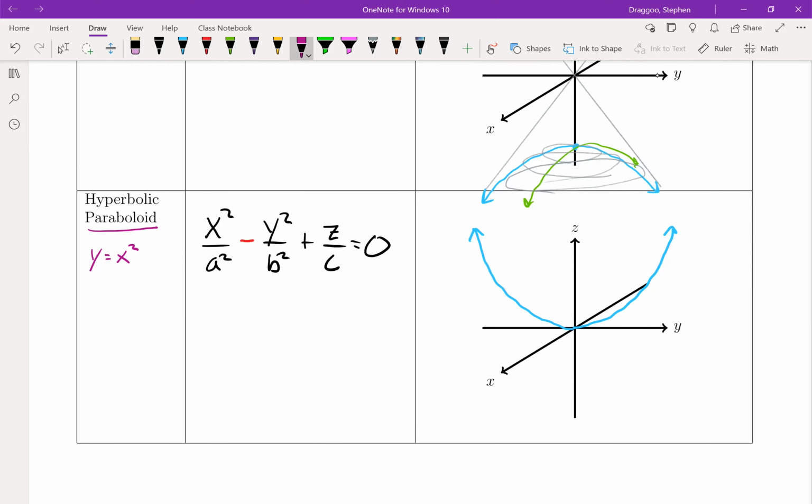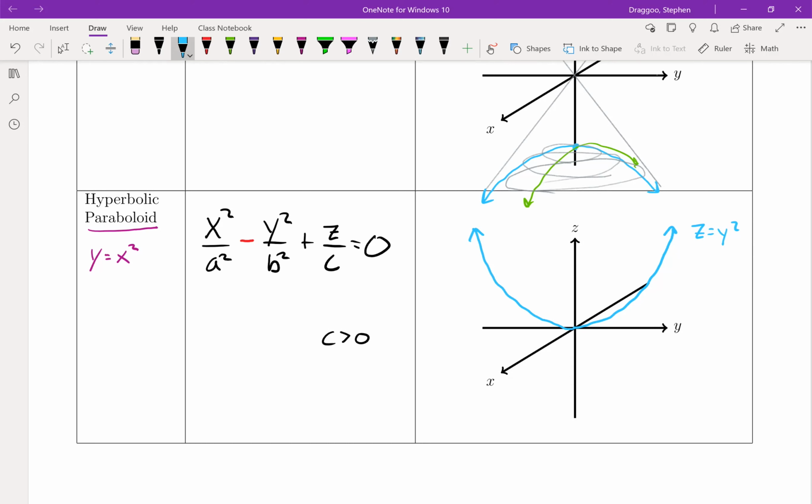And I have something that looks like this equation, where now I've got x squared minus y squared plus z equals 0. Again, we'll just look at c being a positive value, just for the sake of simplifying our shapes. And I sketched in the yz plane once again, z equals y squared.